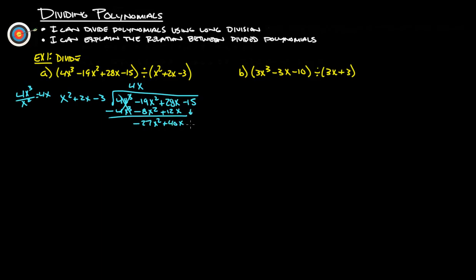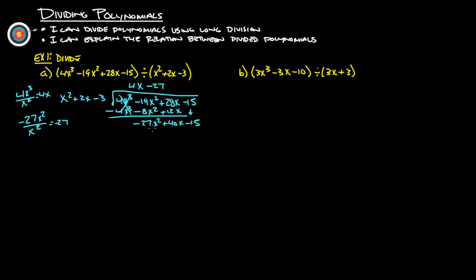And we're going to drop the negative 15 down here and do this one more time and see what we get. So we're going to take the x squared and put that underneath the 27x squared, the first part right here. So negative 27x squared over x squared gives us negative 27. So it's going to be 4x minus 27.